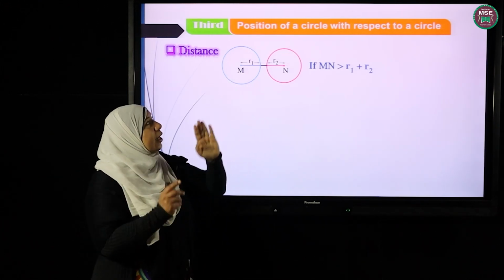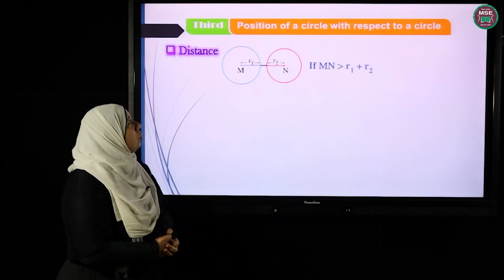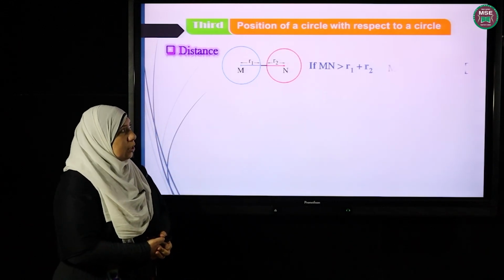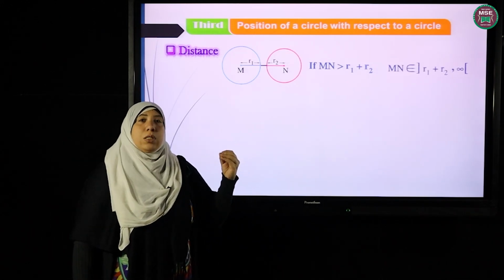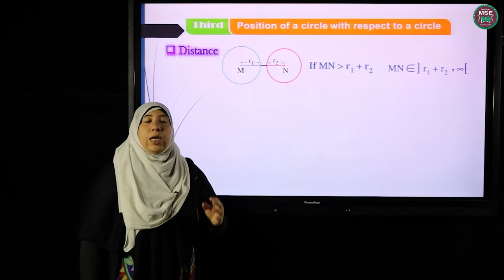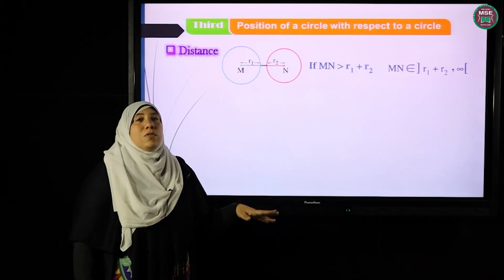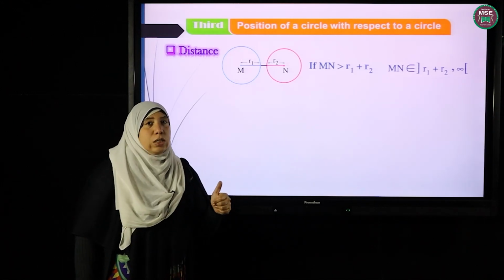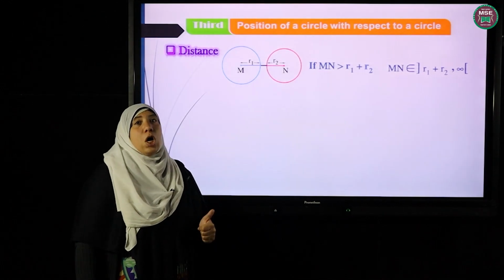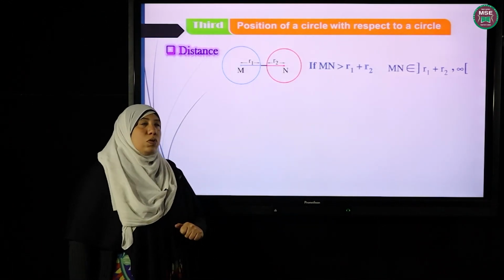If this line is greater than the sum of the 2 radii, I can say that the two circles are distant. So the distance here is any number from the sum to infinity. Any number greater than R1 plus R2 gives you distant circles. So I define this position by the sum of the radii and the line of the centers.